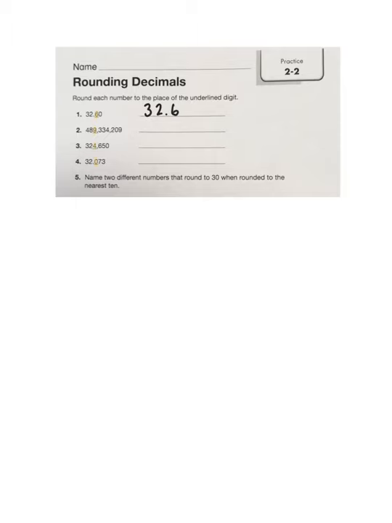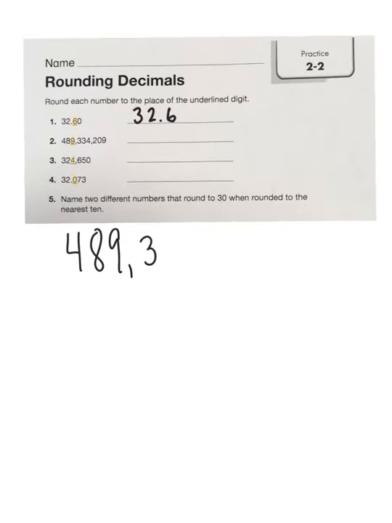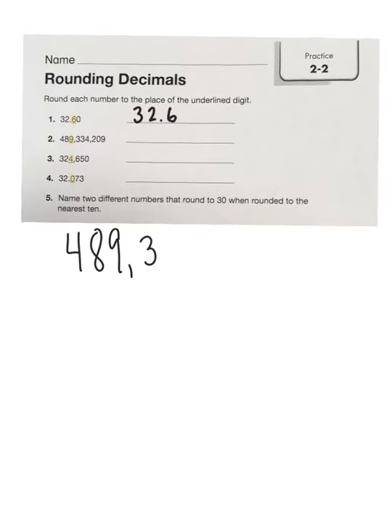Number 2, we're going to round 489,000. Oh wait, no, I misread that. Oh gosh, I need to make this a little bit bigger for myself. All right, so we have 489,334,209, and this is a whole number. We're going to round it to the nearest millions place.